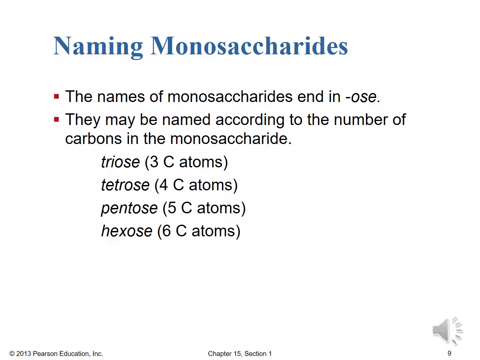A tetrose would have 4 carbon atoms total. Pentose would have 5 carbon atoms total, and pentoses are very important, especially late in the semester when we talk about ribose and deoxyribose when we go into nucleic acids. And then finally, hexoses are what we tend to see here when we're talking about carbohydrates as fuel molecules, and those are 6 carbon atom monosaccharides.